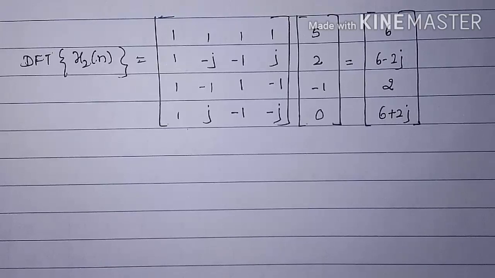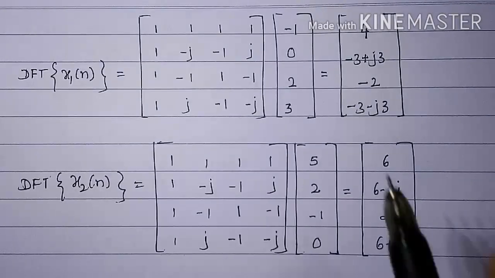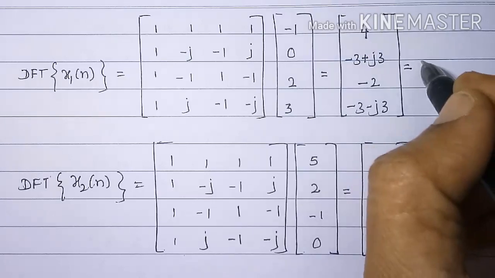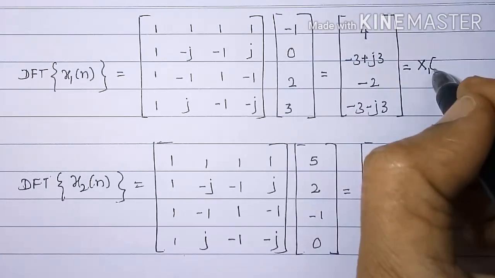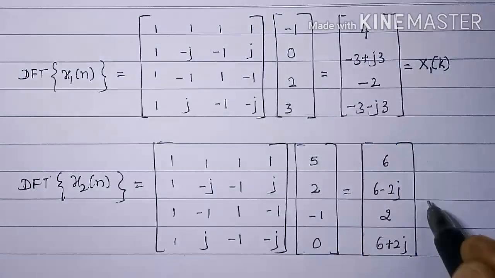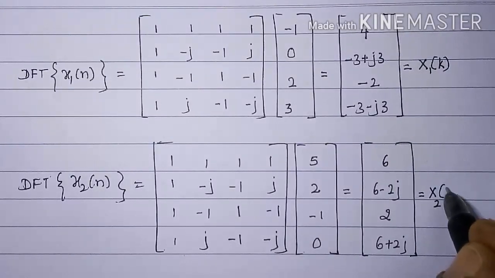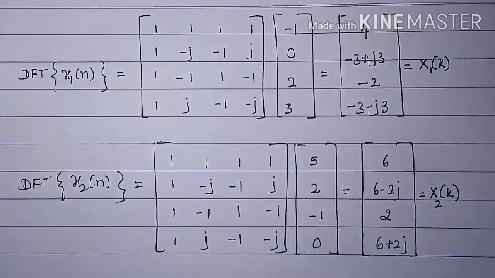Now we have to convolve circularly DFT of x1 of n and DFT of x2 of n. We will call DFT of x1 of n as x1 of k and DFT of x2 of n as x2 of k.